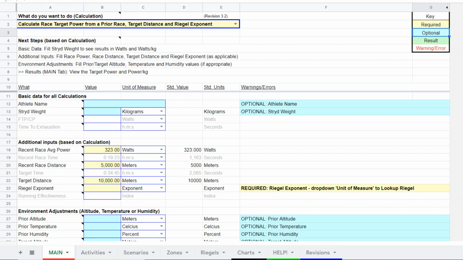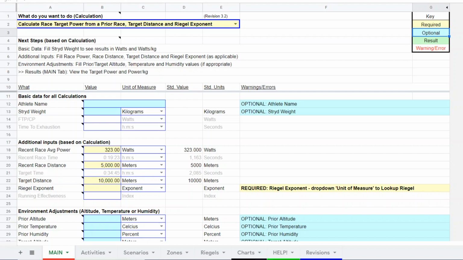Why not just go race power to race power, and estimate a different race power off of that recent race? You eliminate that middle step of estimating CP where you have some potential error, and then estimating from CP to the race where again you have a little bit of potential error there. Why not eliminate that middle section of calculations? Just go from one race to the other.